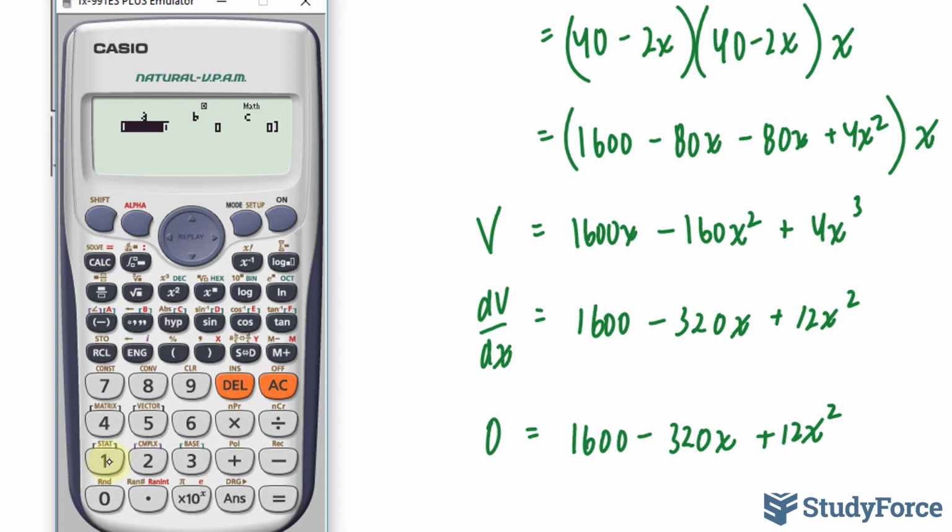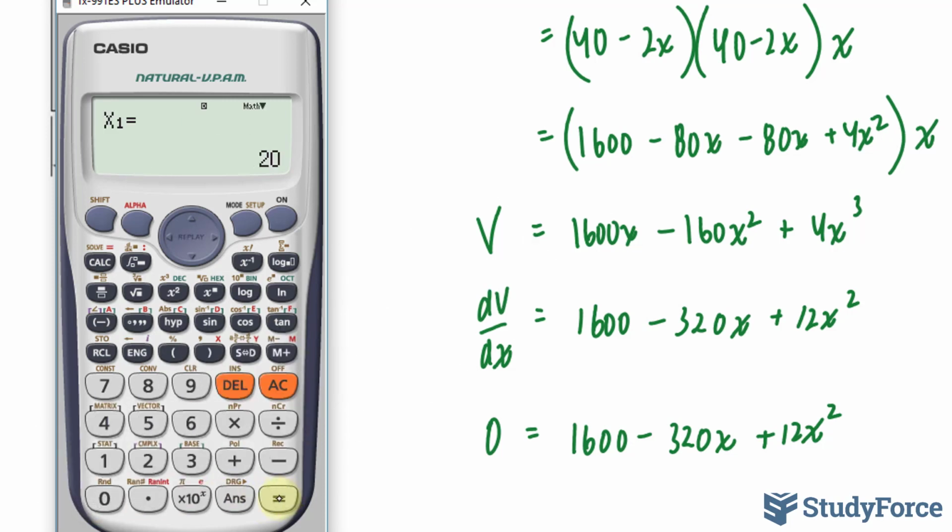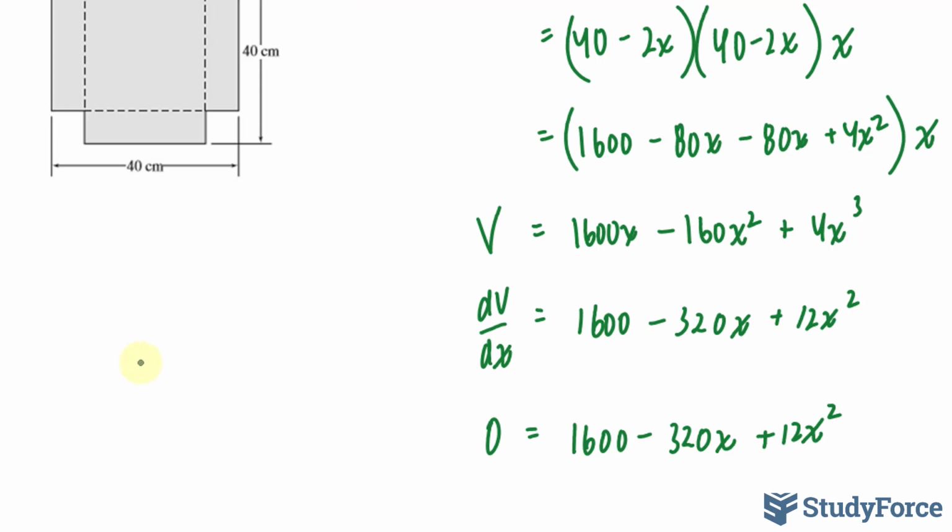This is my value of a, that's the x squared coefficient. The x coefficient is b, so I'll write down negative 320 and 1600 for my c value, my constant. This gives me two x values, x at 20 and x at 6.67 centimeters here.